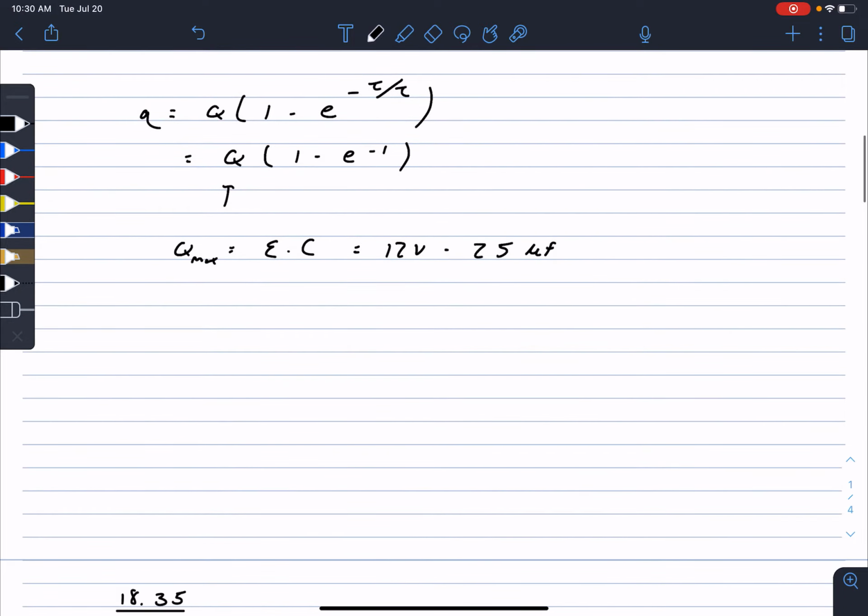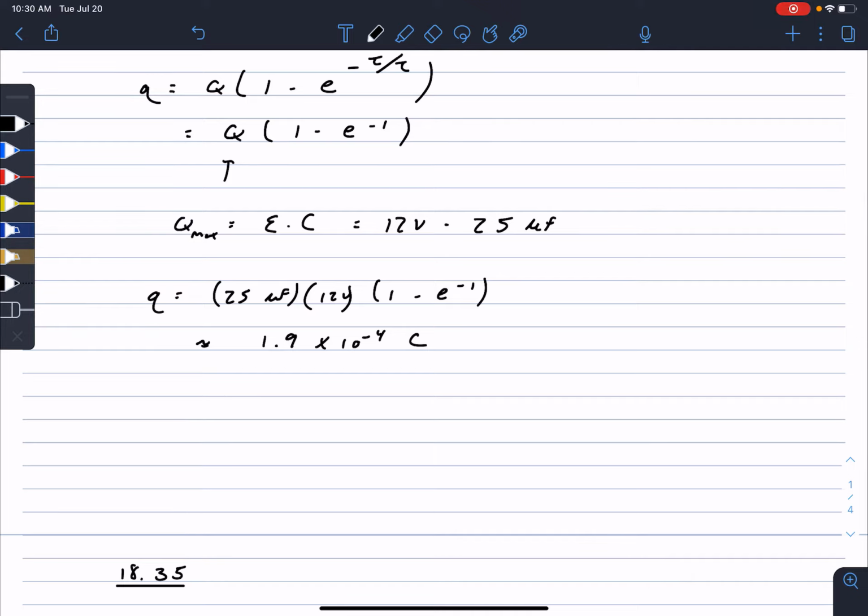Okay, so then you just plug all that in: 25 microfarads times 12 volts times 1 minus e to the negative 1, and that gives you a value of about 1.9 times 10 to the negative 4 coulombs. So that's how you do that problem.